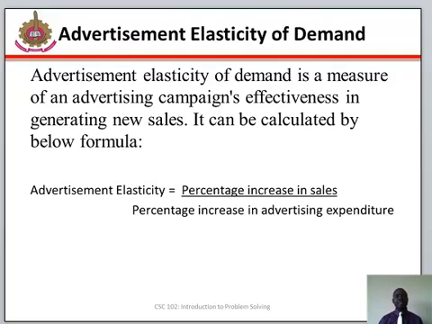Advertisement elasticity of demand. Advertisement elasticity of demand is a measure of an advertisement campaign's effectiveness in generating new sales. It can be calculated by the formula you are seeing on the slide. Advertisement elasticity of demand is equal to percentage change in sales over percentage increase in advertising expenditure.